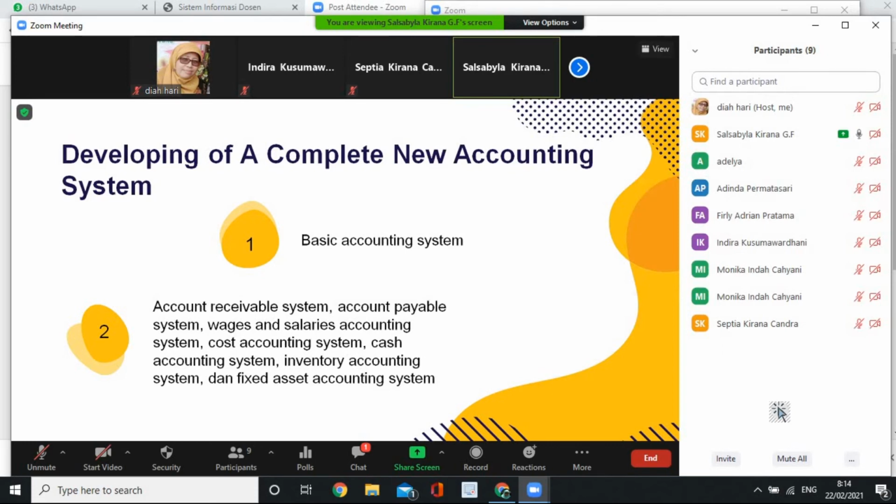The first, the basic accounting system, consists of classification planning and ledger account code, classification planning and subsidiary ledger account code, journal planning, and also financial statement planning produced by the accounting system.